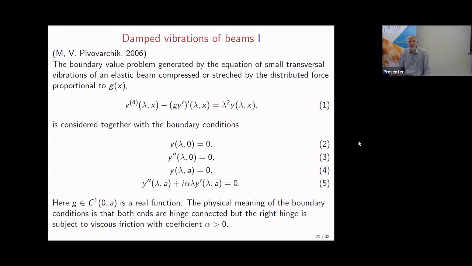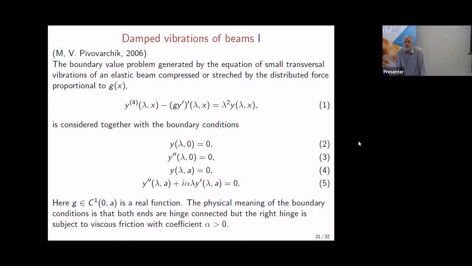And our next example is very similar. That is a fourth order differential operator, but again with quadratic dependence on the eigenvalue parameter on the right. We have a fourth order differential equation, and you see here one of 4 boundary conditions, and one of the boundary conditions depends on lambda.